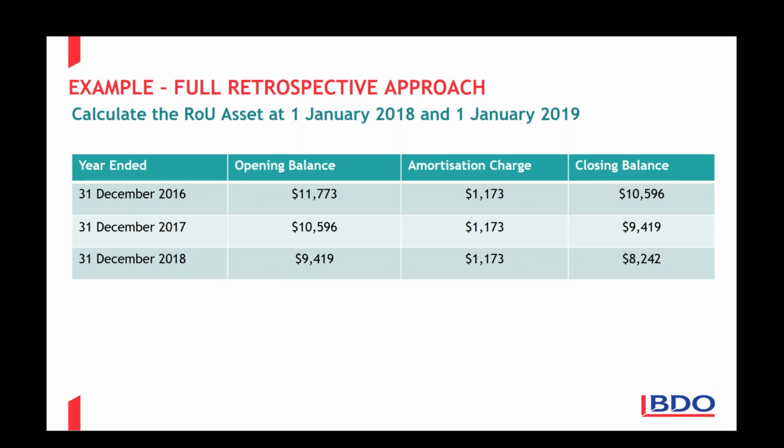We entered into this contract on the 1st of January 2016, but what would the value of the asset be if I had adopted the standard now on 1 January 2019? Here, expected useful life was 10 years and our lease term 10 years, so we've said opening balance, amortization charge over 10 years. So we've kept it simple.